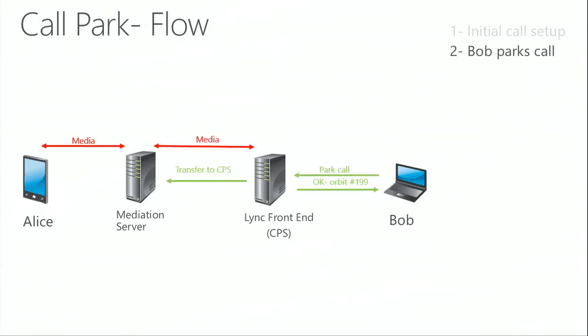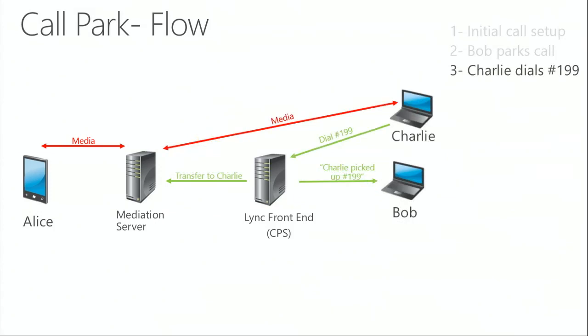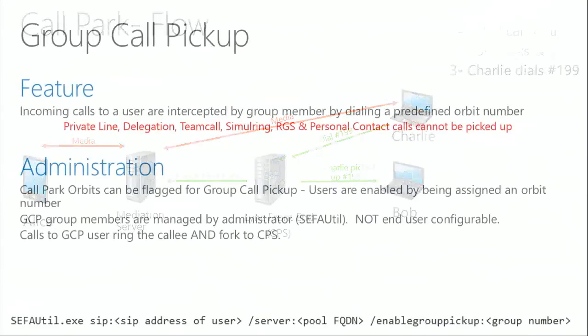Bob chooses explicitly to park that call back on the Lync server, presses the button, and that call then gets terminated at the Lync front end, and the media is now passing between the caller and the Lync front end server, the call park service. Bob gets back a notification saying this is your orbit number, conveys that orbit number to whoever needs to pick it up, however he chooses to do so. And then Charlie dials that #199 from the other endpoint, and voila, he's connected to the original caller.